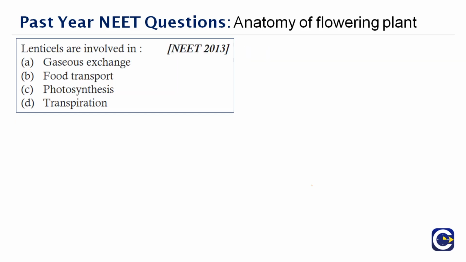Next question here. Lenticels are involved in dash. Now what do you mean by lenticels? What are they actually? What do they do to the plant system? Lenticels are one of the many raised pores in the stem of a woody plant that allow for gaseous exchange between the atmosphere and the internal tissues.